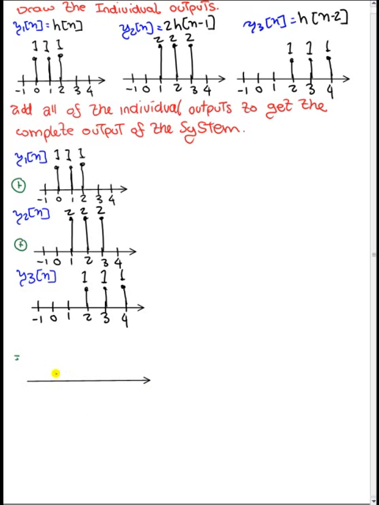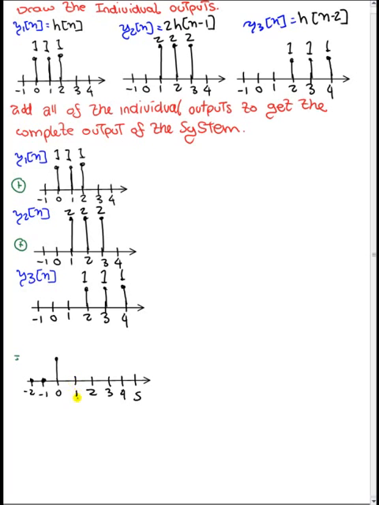And so it's going to be -2, -1, 0, 2, 3, 4, 5. So we're going to have for -2, 0; -1, 0. At 0, we're going to have 1.